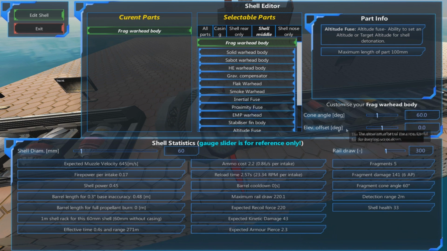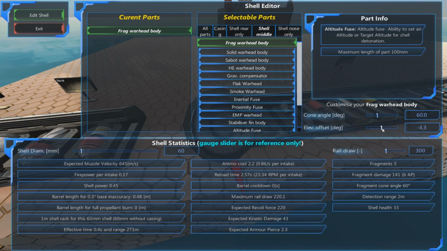And the other thing is the elevation offset, and I completely forgot about this because I never use it. So there is footage online of, I'm not going to link this in the description, by the way, certain weapons in real life in which when the shell explodes, not only does it spray fragments everywhere, it sprays them at a certain angle, so up or down, or sideways, in funky patterns and all that.